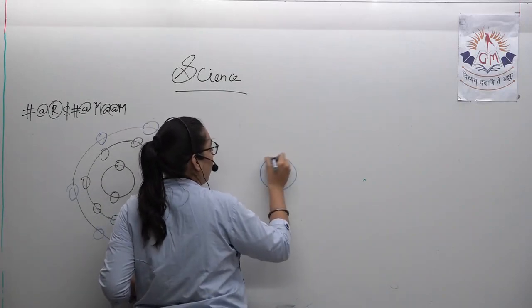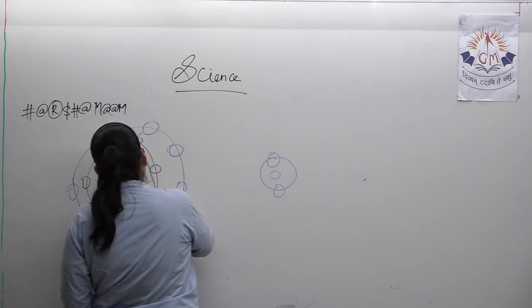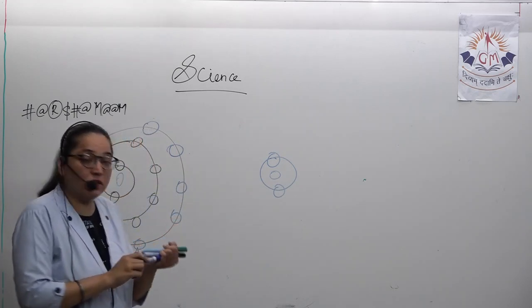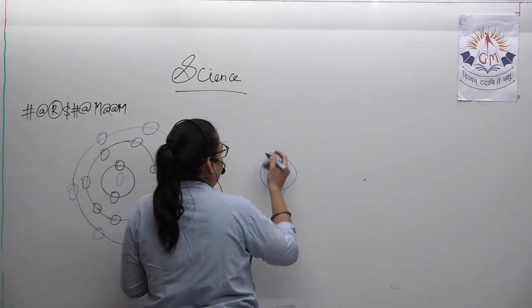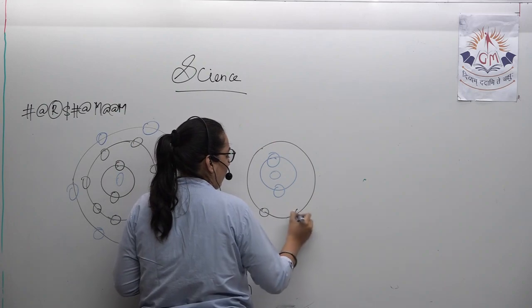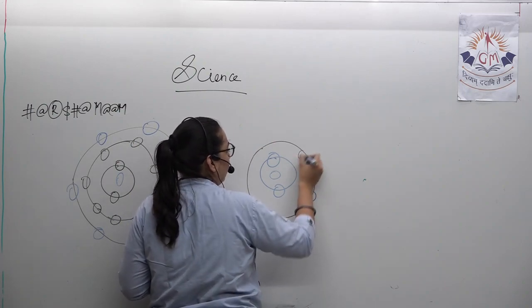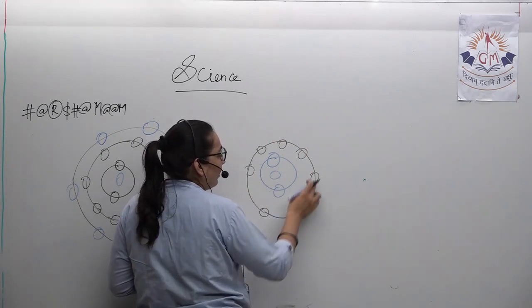Then potassium, pay attention. Potassium, first orbit has how many electrons? 2. Next orbit will have 8. Okay.